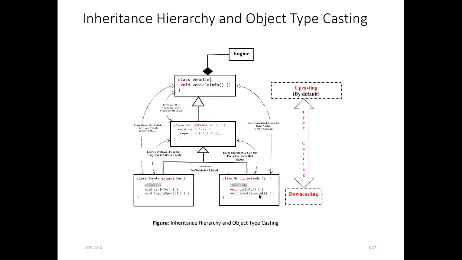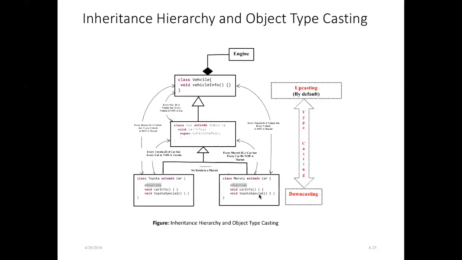But in reverse order, that is one of the limitations of inheritance we are discussing: a parent class cannot have direct access to the Toyota special method. If a Vehicle object wants to access this method, it cannot do so directly.